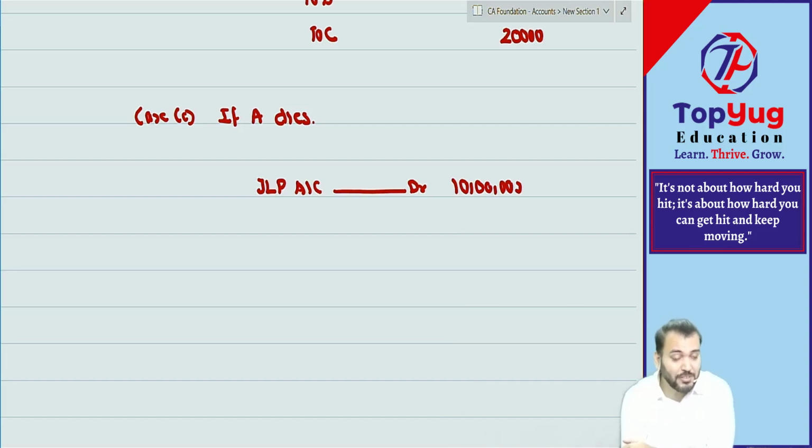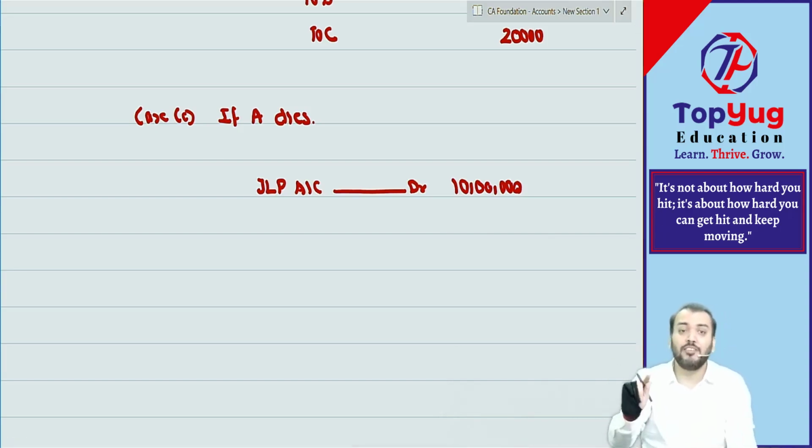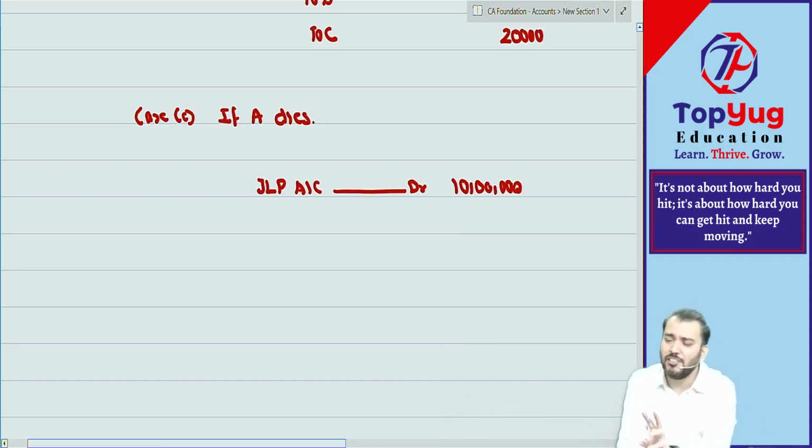Okay, this is case number C. This is not situation number 3. This amount you are just doing revaluation up to 10 lakh. In case of admission and in case of retirement, you have done revaluation up to surrender value. In this case, you are doing revaluation up to policy amount. That is the only point. Now, what is the amount receivable? Instead of 1 lakh, what is the amount receivable? 10 lakh.